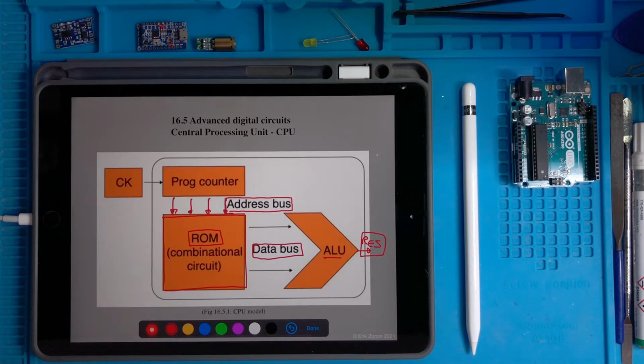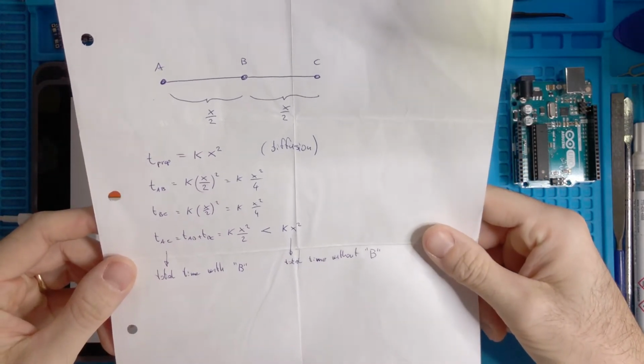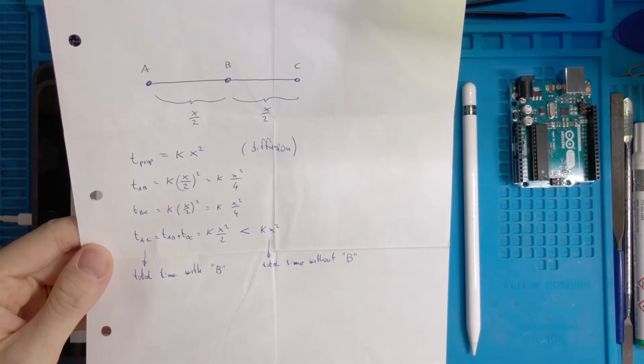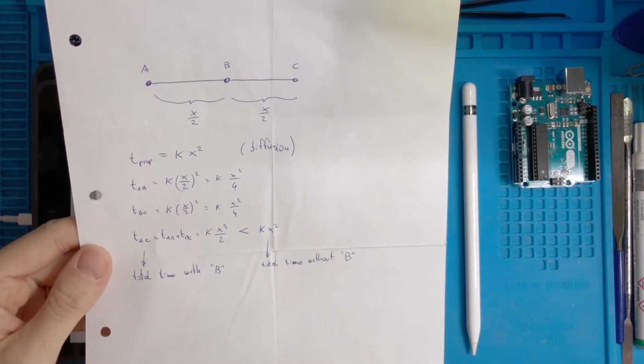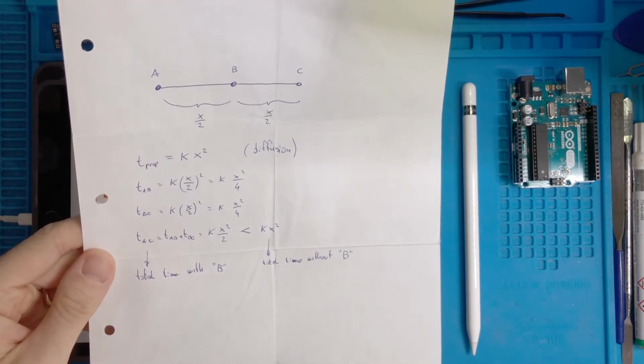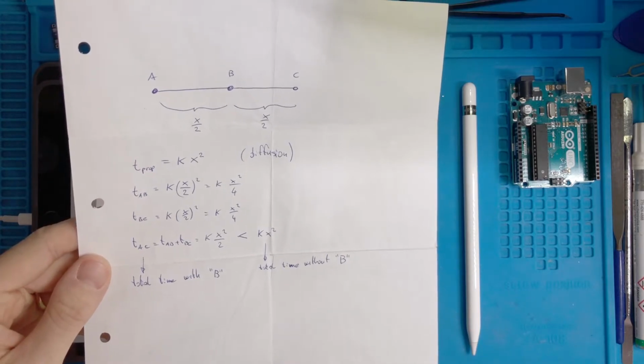So I did this. It's a calculation I did a long time ago when I was a student attending a course on digital electronics, CPU design, and such kind of things.